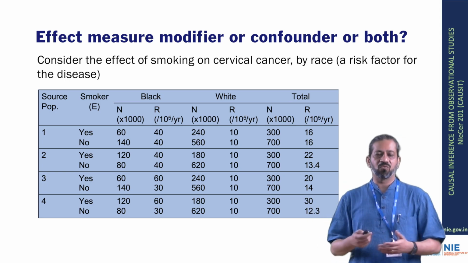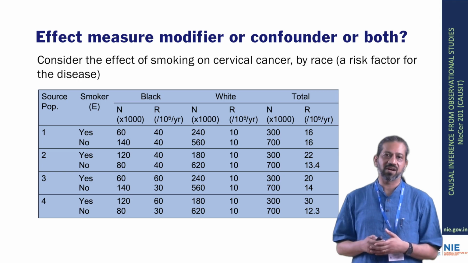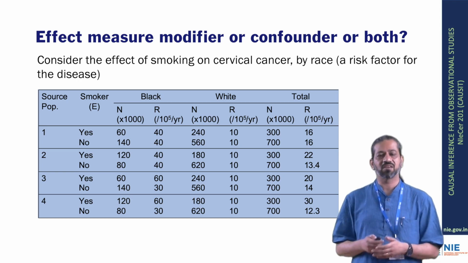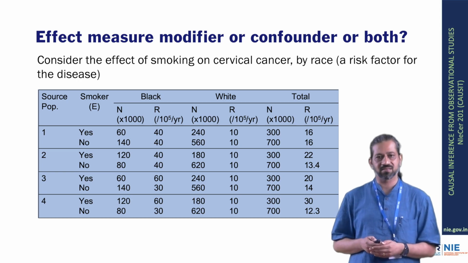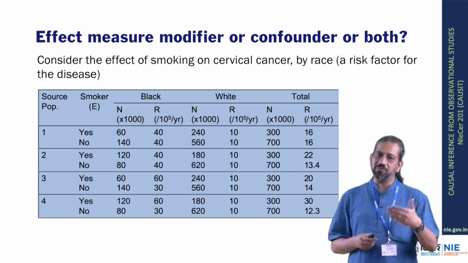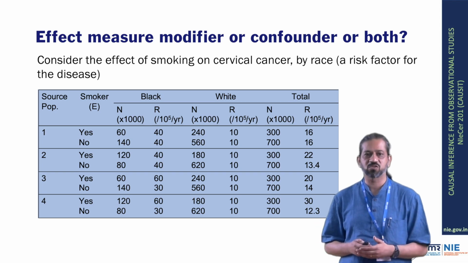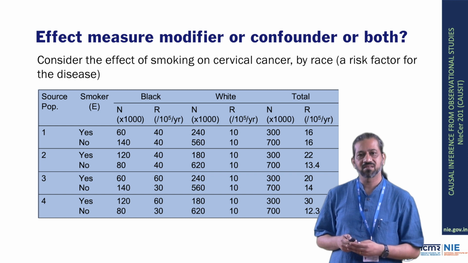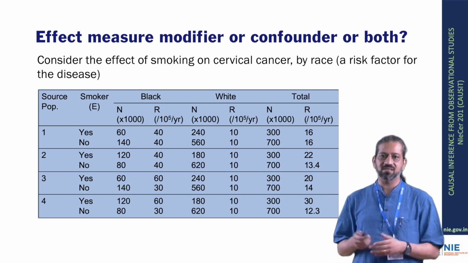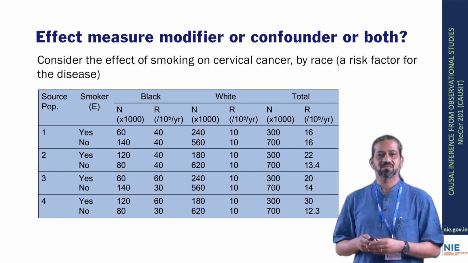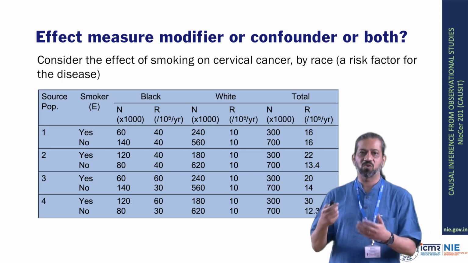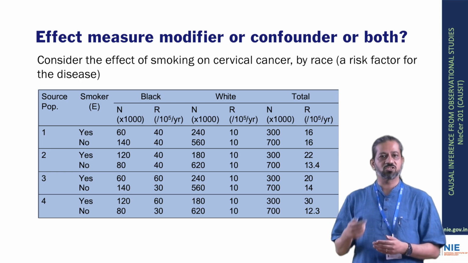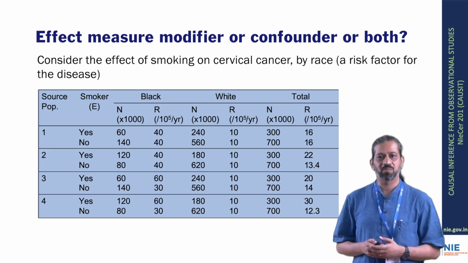To really know whether race could be a modifier or a confounder or both for this study on the effect of smoking on cervical cancer, we took data from 4 different studies done in 4 different source populations. Here the total column at the end reflects the crude analysis, the risk of cervical cancer among smokers and the risk among non-smokers in each of the 4 source populations.